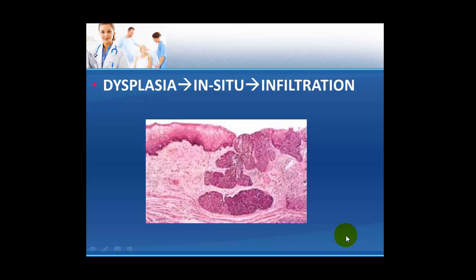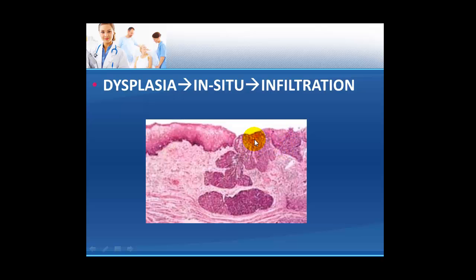In this photomicrograph, we can see the morphological evolution which may be seen in squamous cell carcinomas. You can see there is dysplasia, which may lead to carcinoma in situ, and if it infiltrates, it leads to an invasive metastatic squamous cell carcinoma. Over here, you can see a nice squamous cell layer, and here you can see a lot of dysplasia.